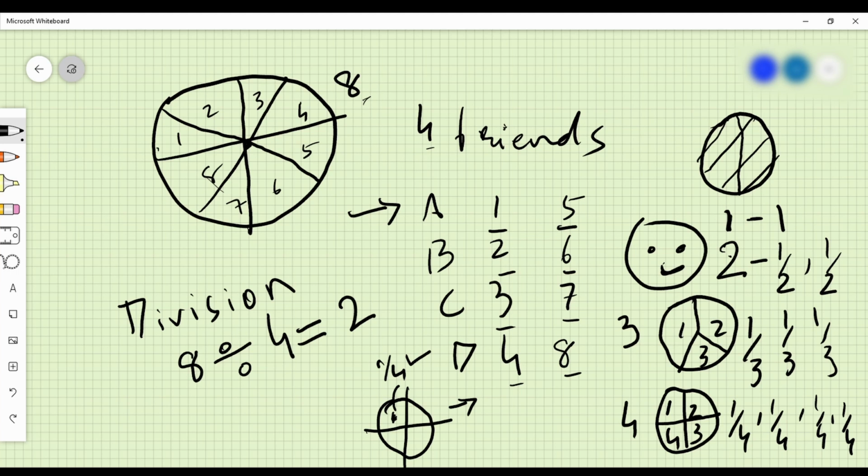So let's say I have a big chocolate, which is like 10 centimeters long, and if you want to share it with your brother or sister, then you have to just divide it. So if I want to make equal parts, then I have to divide this 10 centimeters.